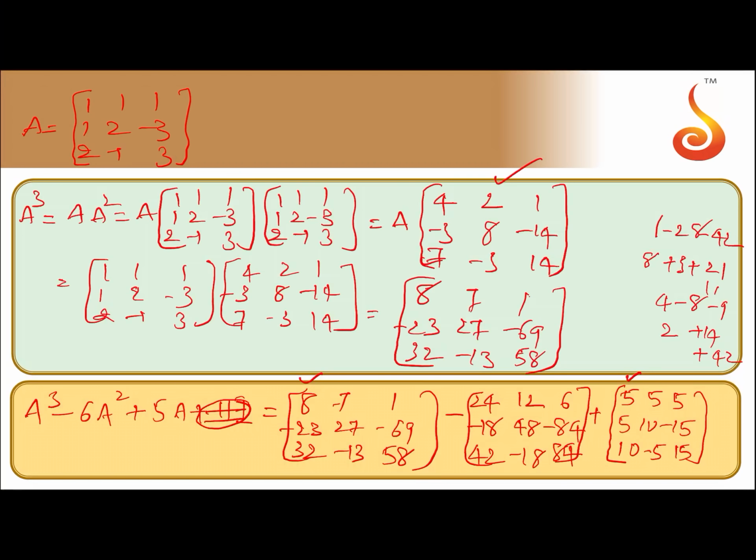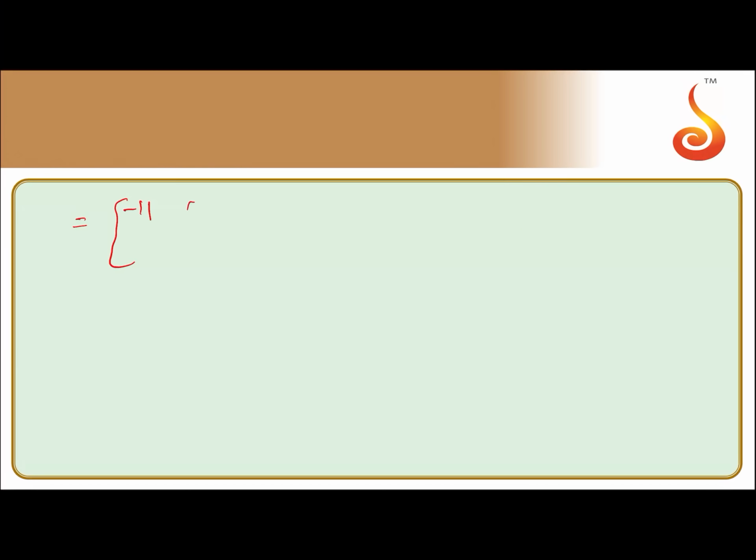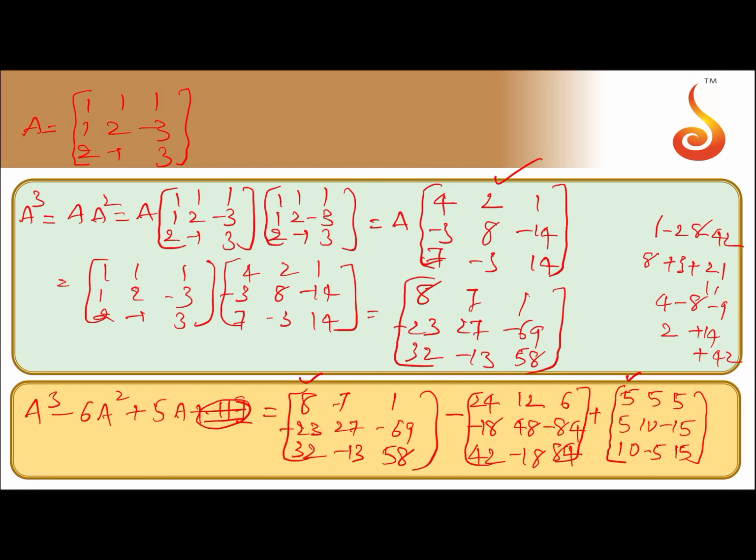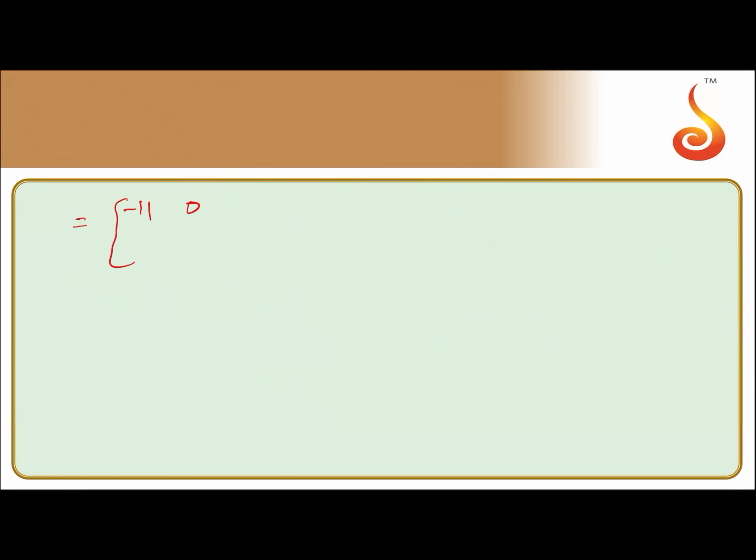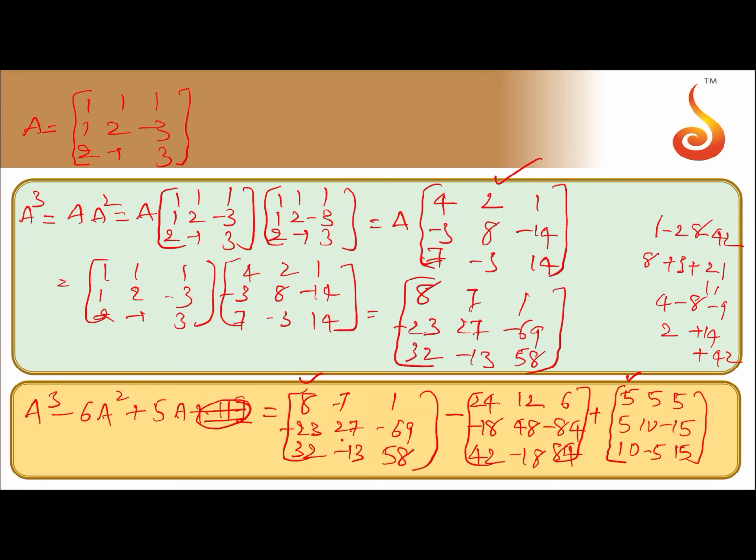Second element is 7 plus 5, 12 minus 12, 0. Third element 1 plus 5, 6 plus 6 is 0. Minus 23 plus 23, 0. 27, of course, 69 plus 15. So this is a 0.